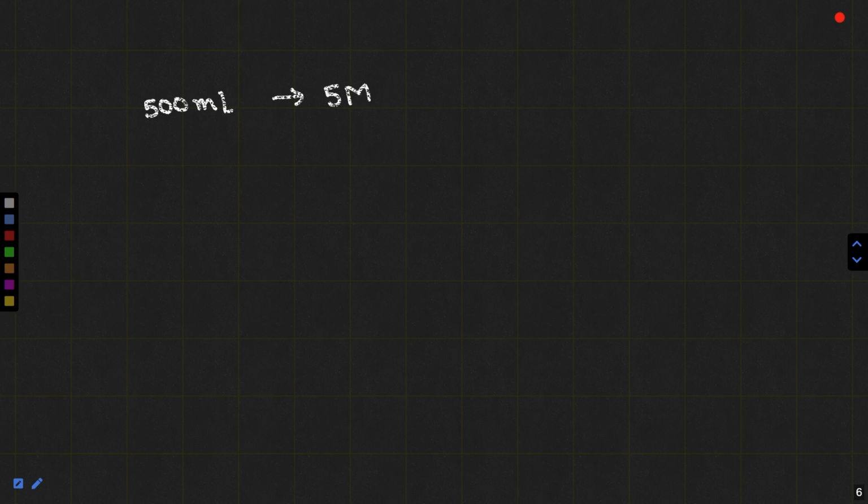Okay. Now what are we doing? We are converting this 500 ml to 1500 ml. Now remember students, whenever we do the dilution, this is after dilution.